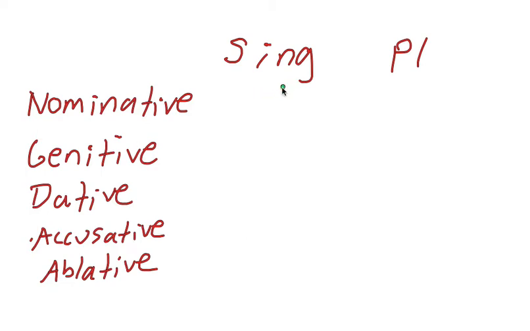So I'm going to put down the endings for first declension, and these are also in your textbook on page 7. Nominative singular ends in an A. Genitive singular ends in AE, which in Latin would be pronounced I. This is a diphthong, which is 2 vowels put together to make the same sound, and there are several diphthongs in Latin.